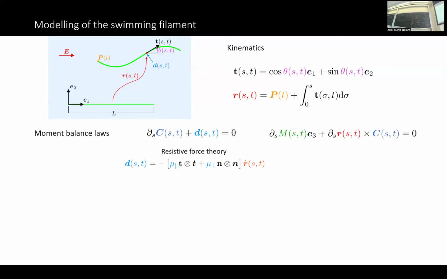is around the filament, and the viscous interaction would be quite complicated to solve exactly, because we would need to solve a Stokes problem in the outer domain.